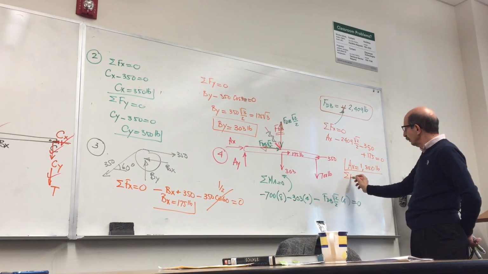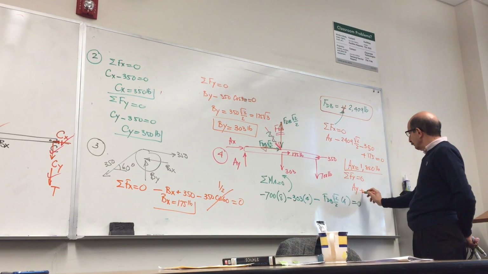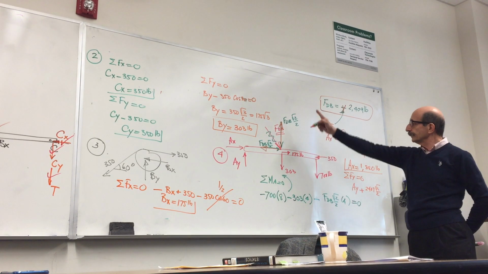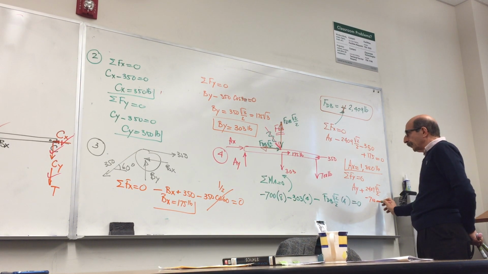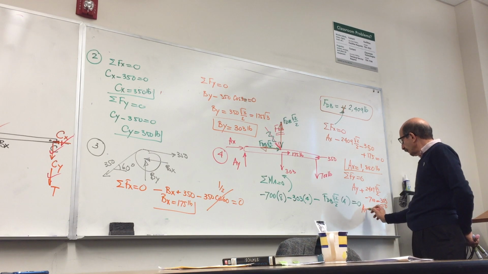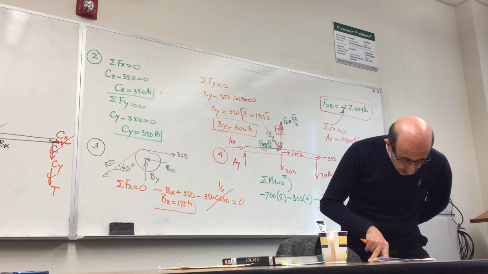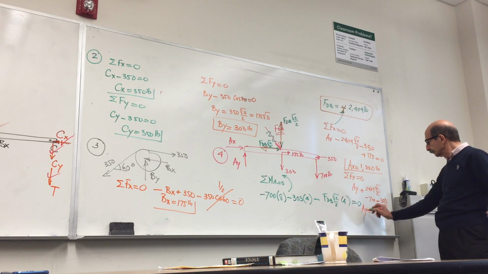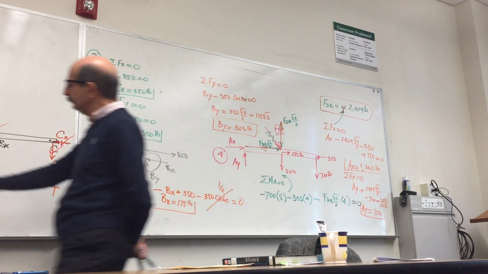Summation of forces along Y is equal to 0 will give me Ay plus 2,409 square root 2 over 2, minus 700 and minus 303 is equal to 0. Ay comes out to be 700 pounds, positive. So all the unknowns were found.